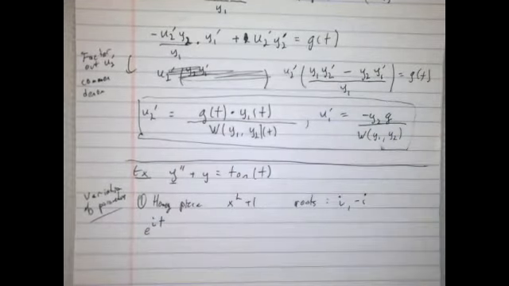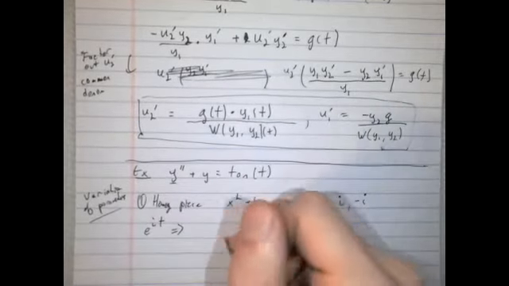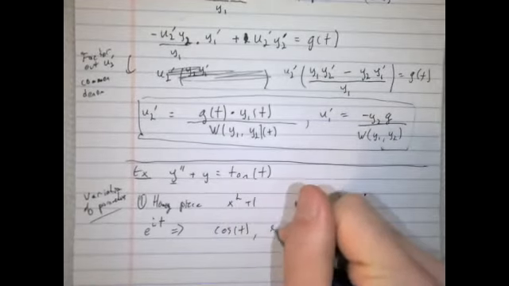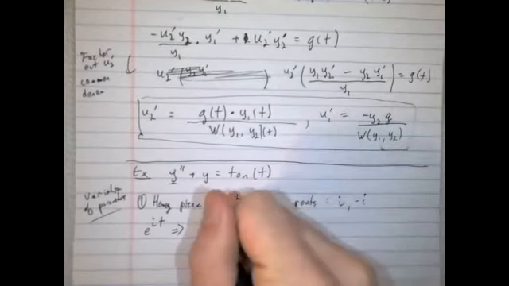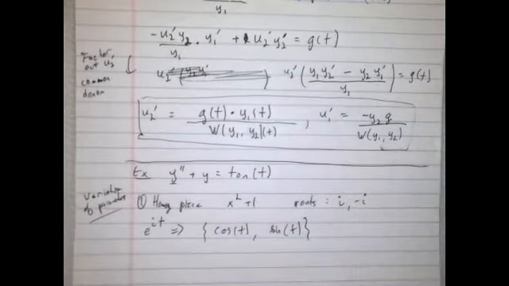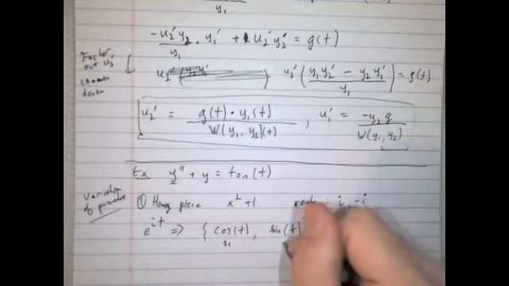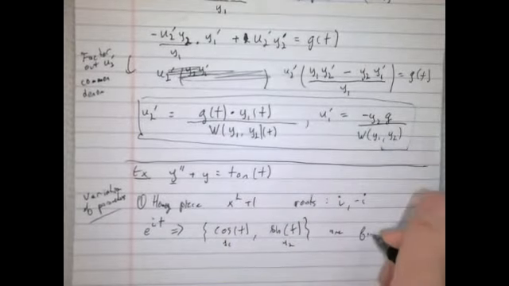And what does that give me in terms of my two real solutions? Cosine of t and sine of t. Yeah, cosine of t and sine of t are a fundamental system. So I'll call this y1 and I'll call this y2.